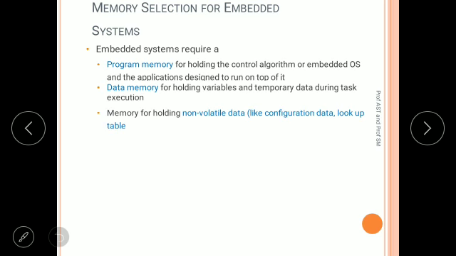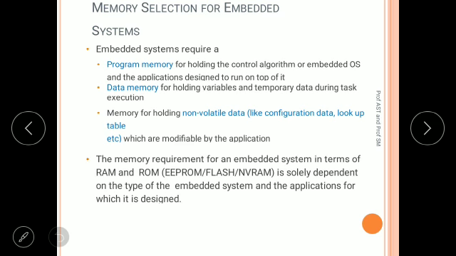The memory requirement for an embedded system in terms of RAM or ROM, which can be E2PROM, flash or NVRAM, is mainly dependent on the type of embedded system and the application for which it is designed. A lot of factors need to be considered when selecting the type and size of the memory for an embedded system.